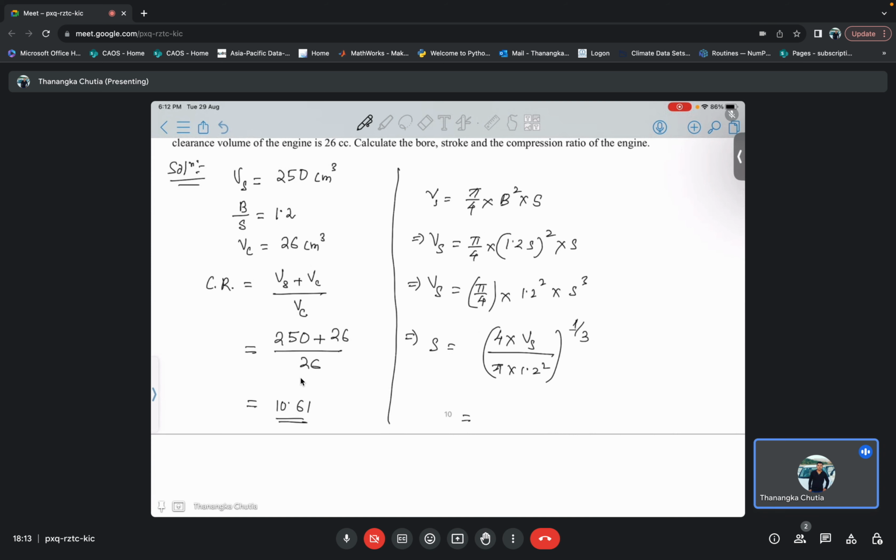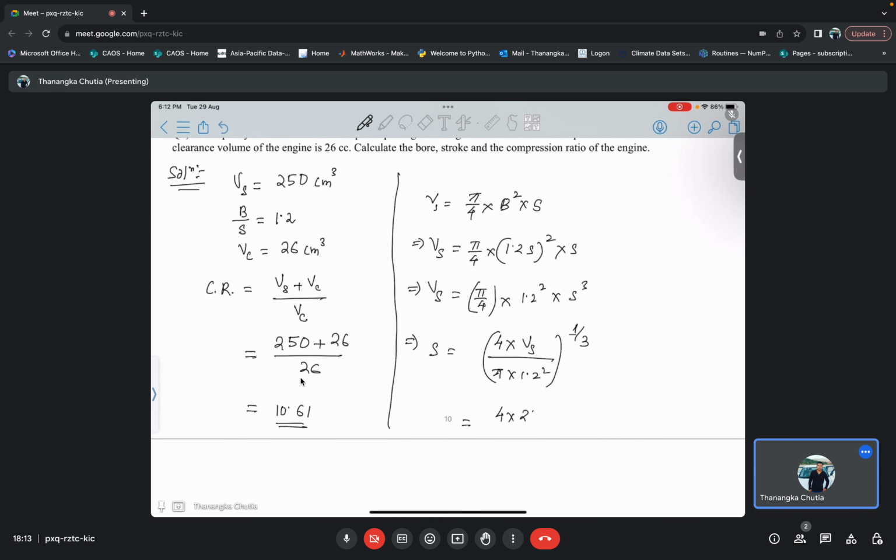So 4 into 250 divided by pi into 1.2 square, to the power 1 by 3, will be equal to 6.046 centimeter. So this is your stroke.